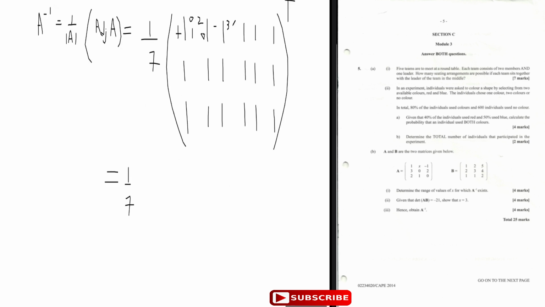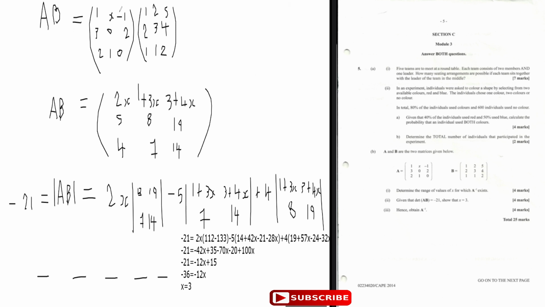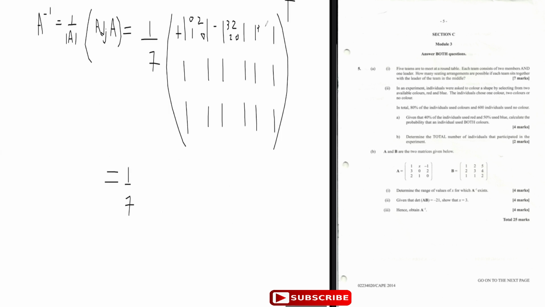3, 2, 2, 0. Then go around here again. Cross out this, cross out this. So it's going to be 3, 0, 2, 1. Then crossing out the 3, it's going to be x, but x is 3.